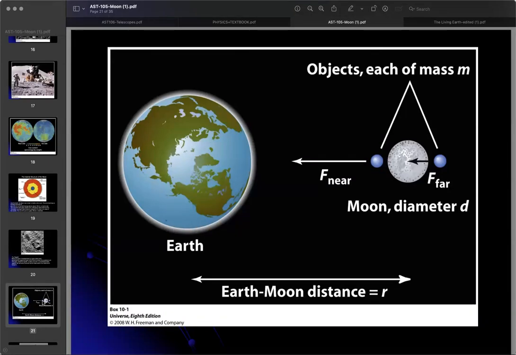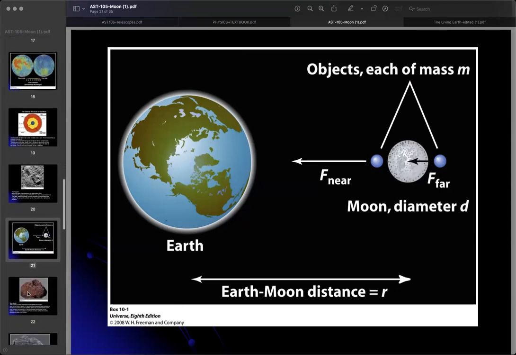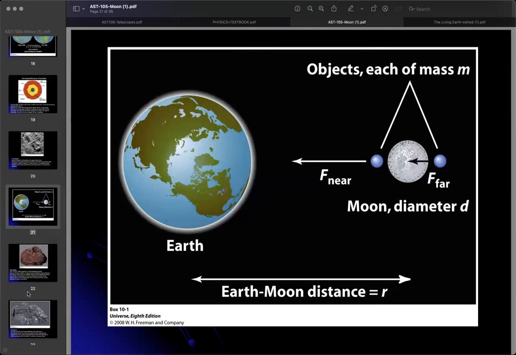This has caused the moon to become not completely spherical, not a perfect sphere. And because it is not a perfect sphere, the Earth's gravity acts on it to align it in such a way that one face of the moon always faces the Earth. That's why we only see one side of the moon.